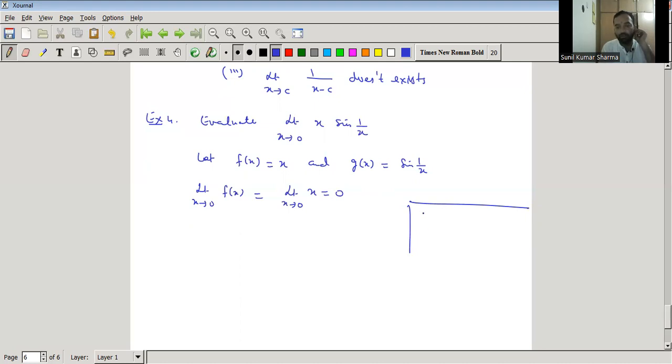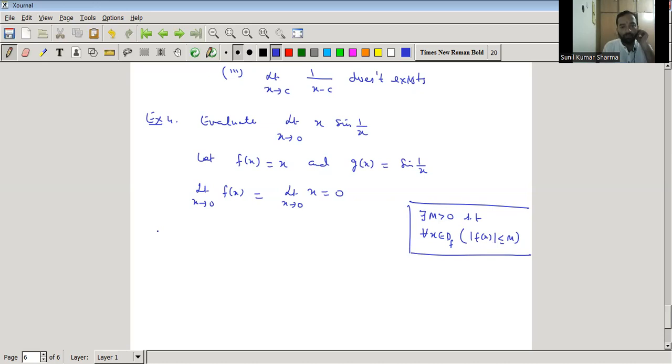The function is said to be bounded if there exists m greater than 0, m any real number, such that for all x belonging to D, the domain of the function, mod of f(x) is less than or equal to m. So if mod of f(x) is less than or equal to m for some positive real number, then we can say the function is bounded.